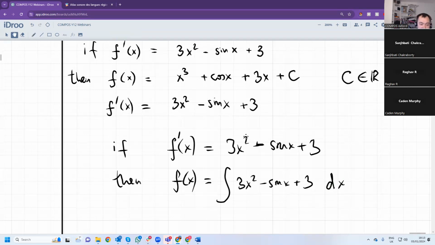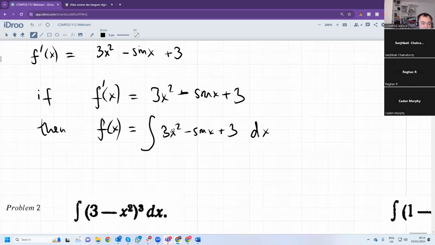This is the notation for the integral. We have the integral sign, then the function, followed by dx. And the solution to that is, as we said, x cubed plus cos x plus 3x plus c.